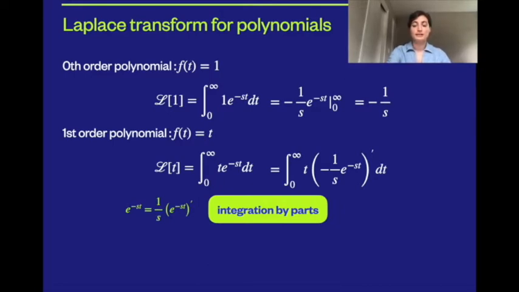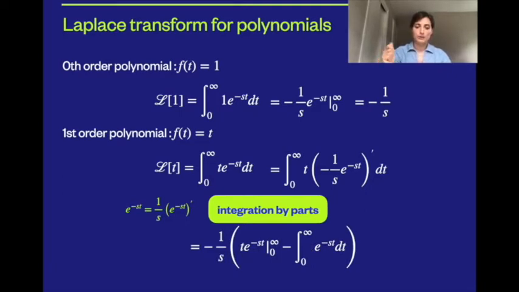So now we can take integration by parts. We do that and we notice that minus 1 over s becomes a constant that we can take out. Then we have a 0 to infinity evaluation of t e to the minus st, minus the integral from 0 to infinity of e to the minus st. The first term goes to 0.